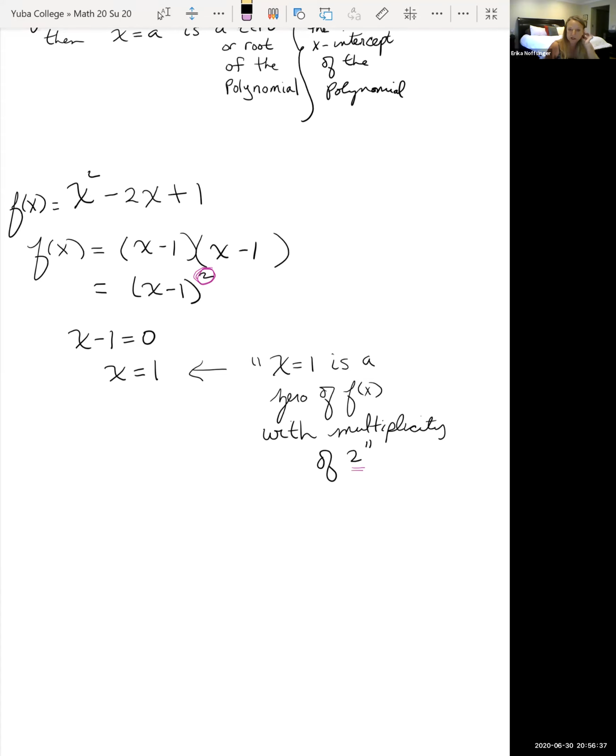And so determining the multiplicity of that 0 tells us actually what's going to happen on the graph when we graph it.